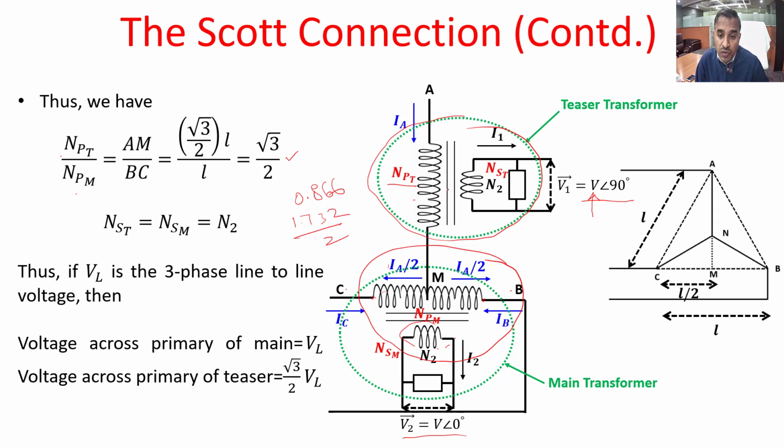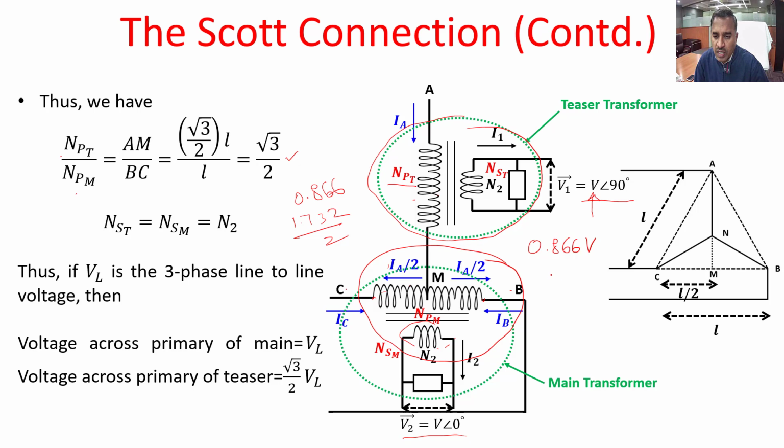For example, here AM, the voltage is 0.866 times the line voltage VBC. So this much only voltage you will get at the primary side of this transformer.